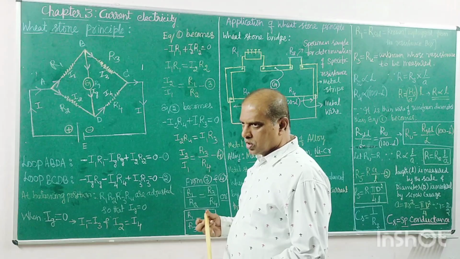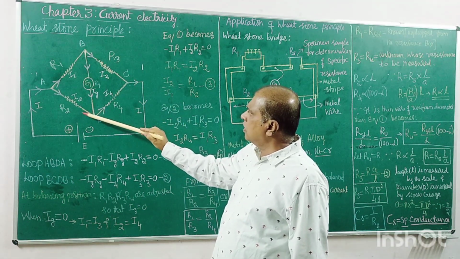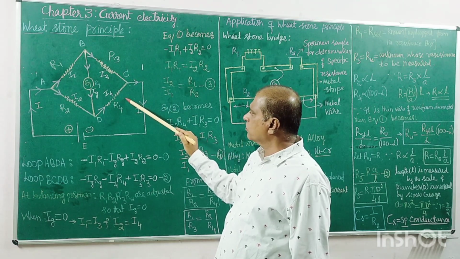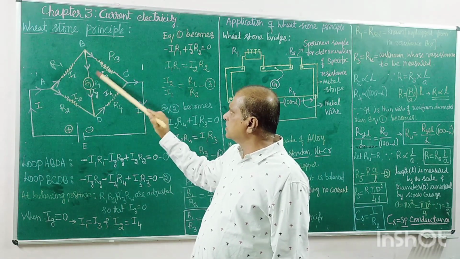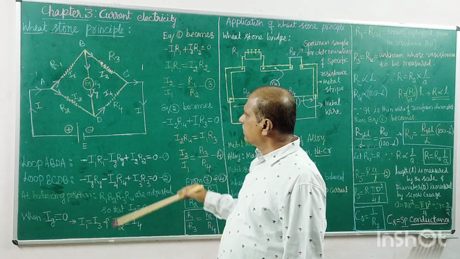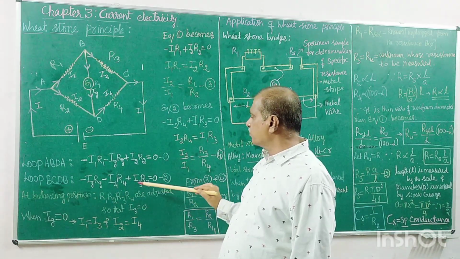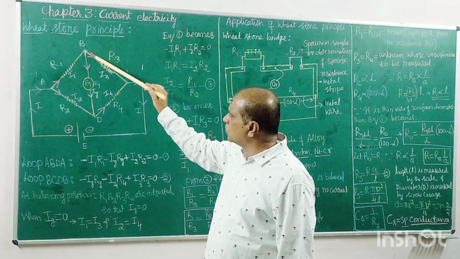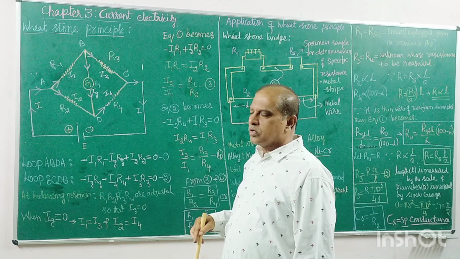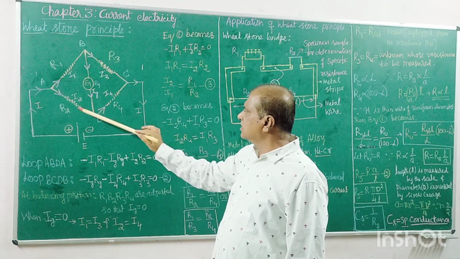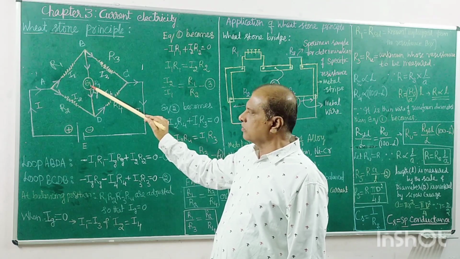Now there are four resistances, R1, R2, R3, R4. We can adjust the values of these resistances so that the current flowing through the galvanometer is 0, so that no current flows through the galvanometer.